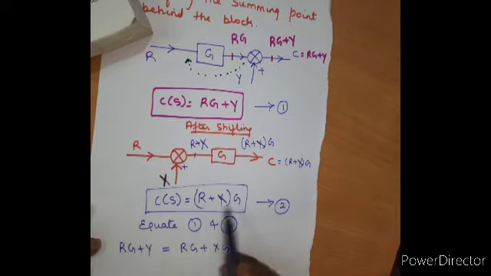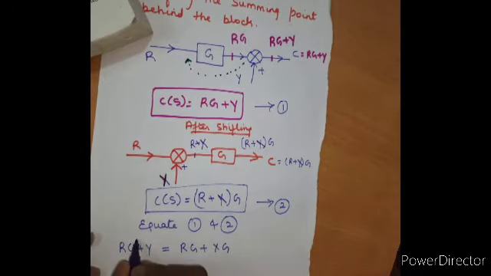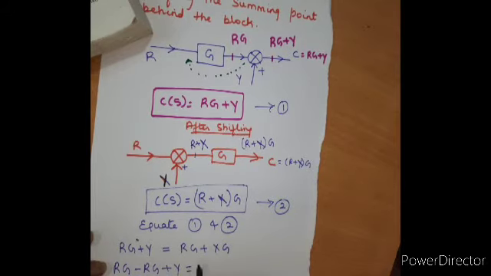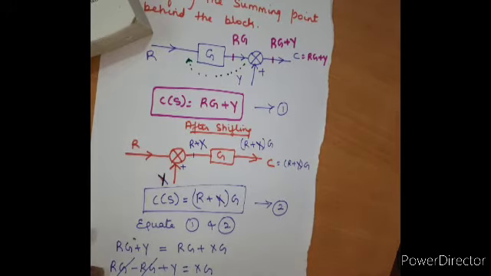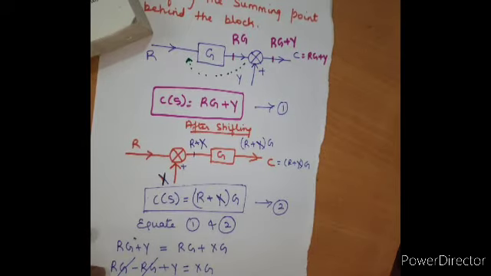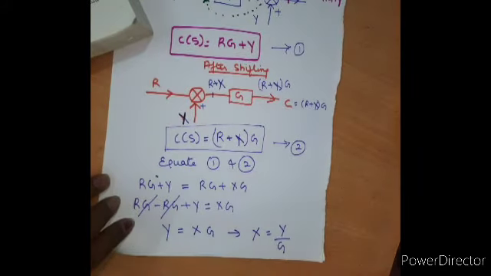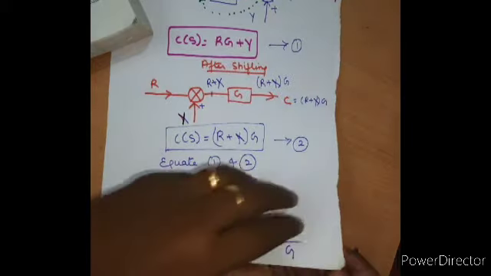Multiplying it out, this RG and this RG cancel. So now Y is equal to X into G. From here, X is equal to Y by G. X is equal to Y by G.